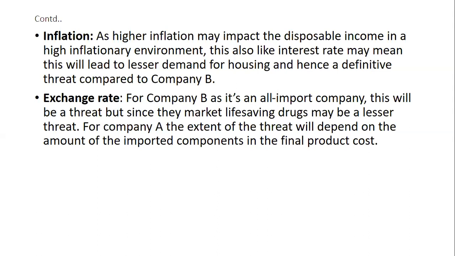Then what's the situation on company A, which is a condominium construction and marketing company? The extent of threat will depend on the amount of imported component in the final product cost. How does it happen? It impacts the construction industry.